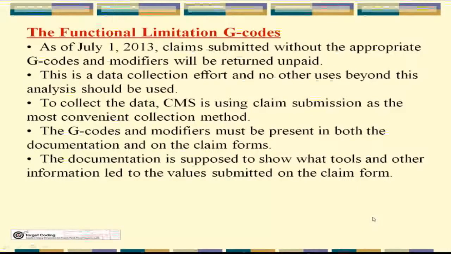So the projected goal for the functional status at the end of the treatment will be reported on the first claim and at the end of the episode. Modifiers will indicate the extent of the severity/complexity of the functional limitation.